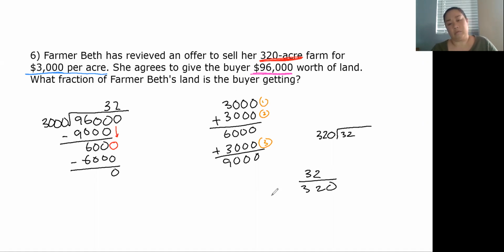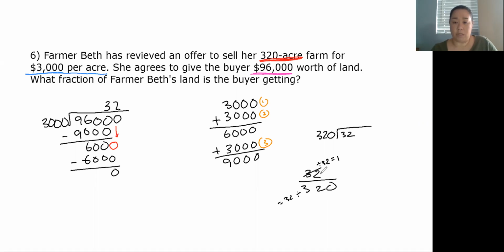Okay, so I don't know which one would be easier for you. 32 goes into both of these. 32 goes into 32 once, right? Because if I divide by 32, I get 1. And if I divide this by 32, because whatever I do to the top, I have to do to the bottom.